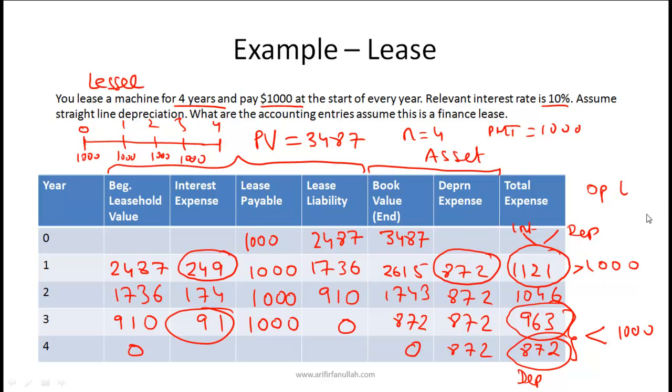The net income for an operating lease is going to be high in the early years relative to the finance lease because the operating expense is low, and in the later years the net income assuming an operating lease will be low relative to a finance lease because the operating expense is higher.